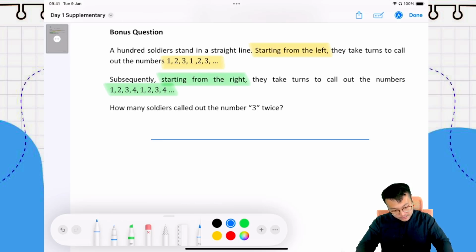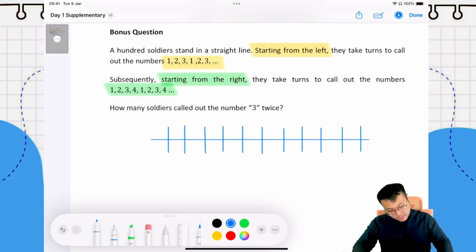Okay, I'm going to make a table, and we are going to observe 12 soldiers. Okay, let's just observe 12 soldiers. So imagine we have 12 soldiers.